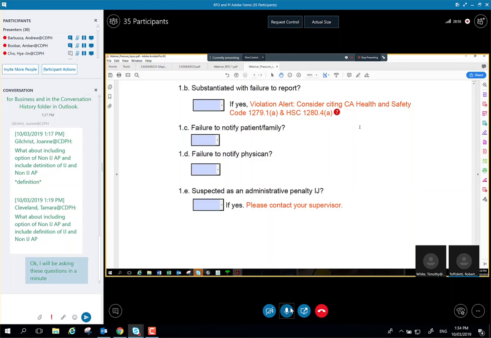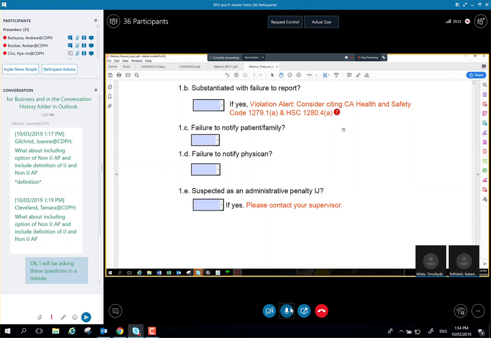So any comment about that, Tim? Yeah, I think if we just added under 1E on this last section, suspected of an administrative penalty, IJ or non-IJ. We could add both, and then you could answer yes. This is not going to take you to that and answer it for you.